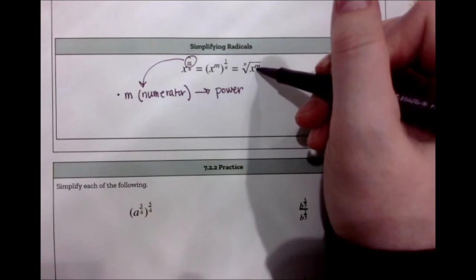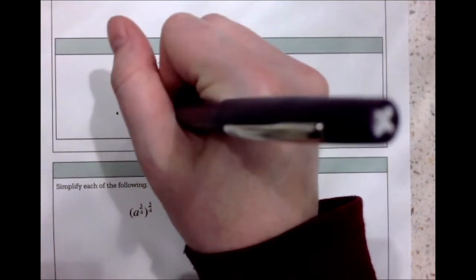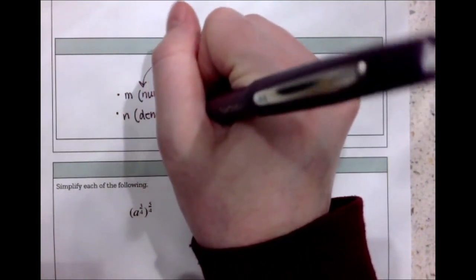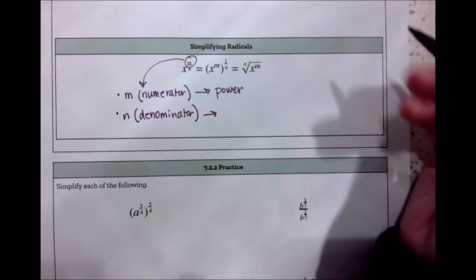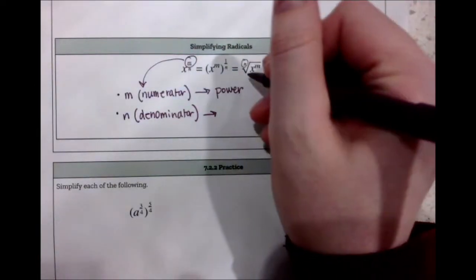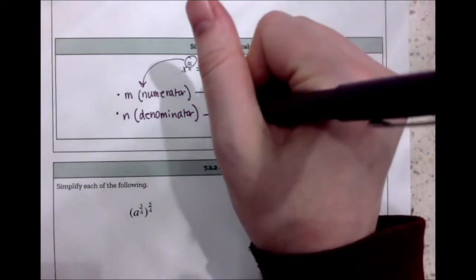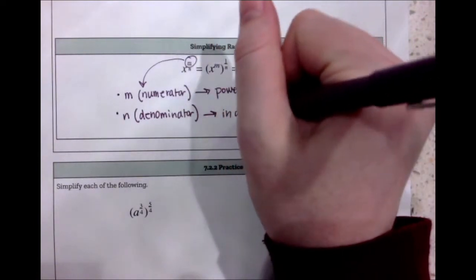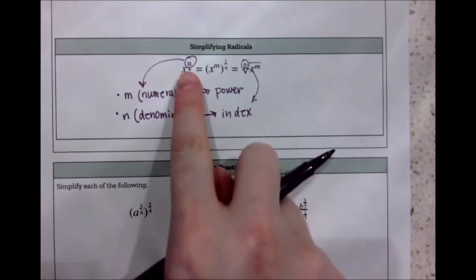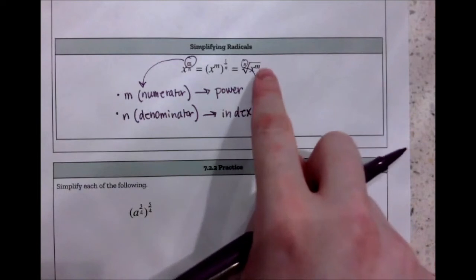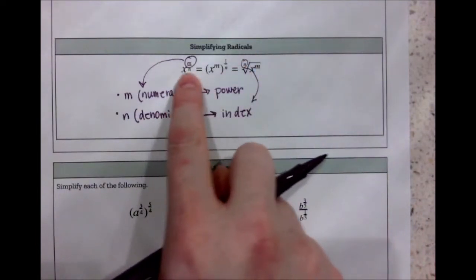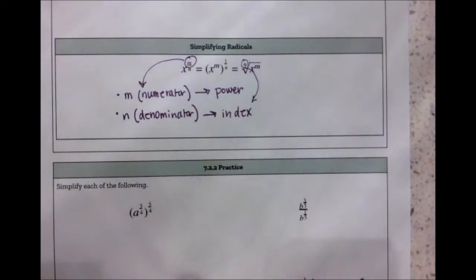You can see that there. And then n, which is our denominator, that becomes your index. Okay, so m, which is your numerator, becomes the power, and n, which is your denominator, becomes the index.